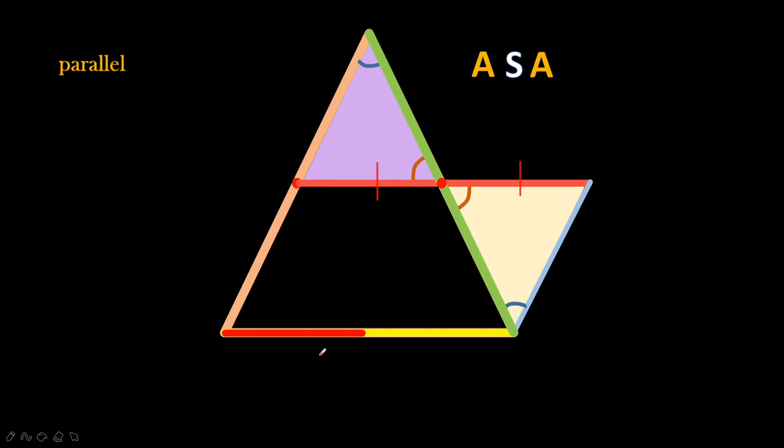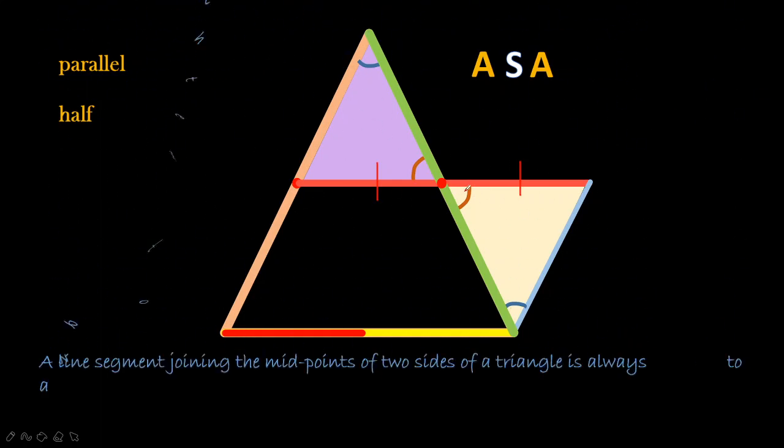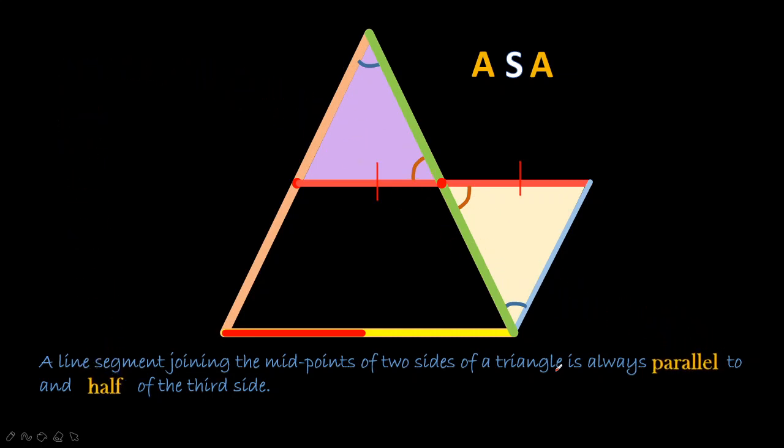So what do we see? It is half. Therefore a line segment joining the midpoints of two sides of a triangle is always parallel to and half of the third side. Students, this is the midpoint theorem.